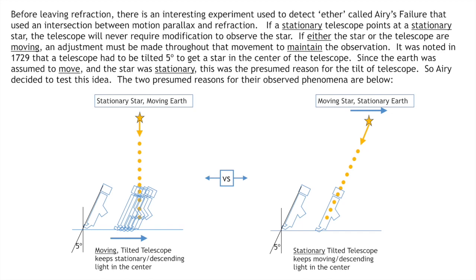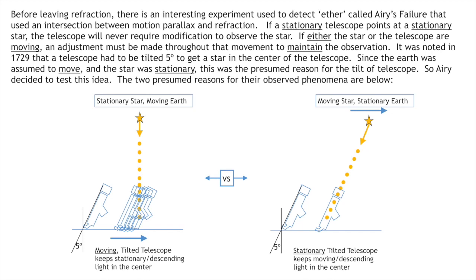Since the Earth was assumed to move and the sky was stationary, this was presumed to be the reason for the tilt of the telescope. So Airy decided to test this idea. And the two presumed reasons for the observed phenomenon are below. So given option 1, light moves straight down through the ether or atmosphere, moving in unison with the Earth.